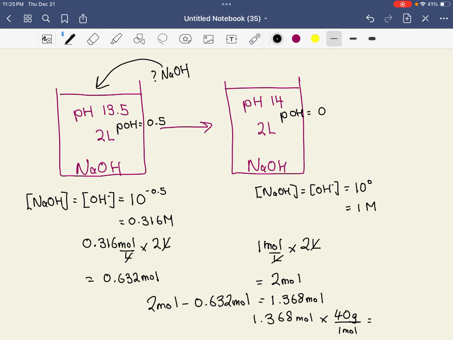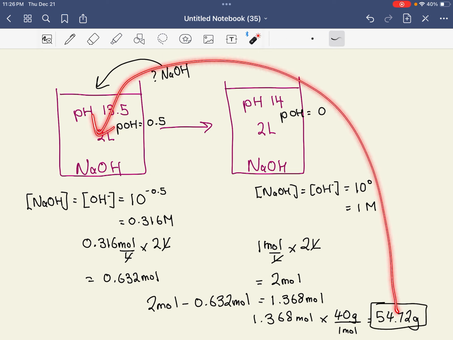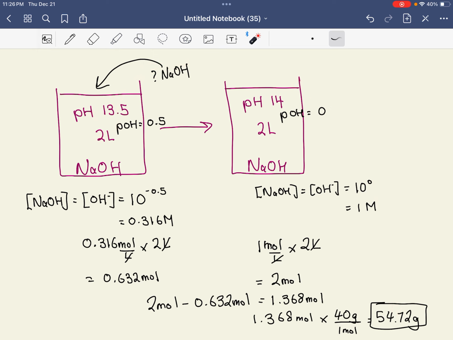Okay. And your final answer here is 54.72 grams. So this is how much you're going to add in here to change the pH from 13.5 to 14, because you are making it more basic, more concentrated, and hopefully you understand the steps that we have taken here. Anyway, I hope you get it.